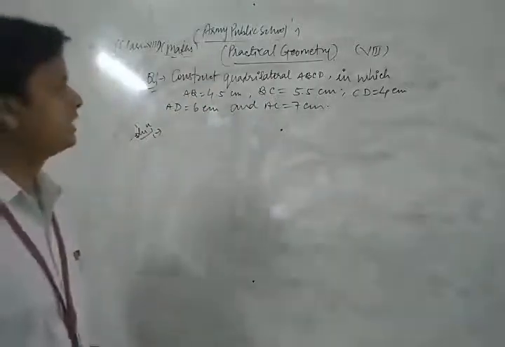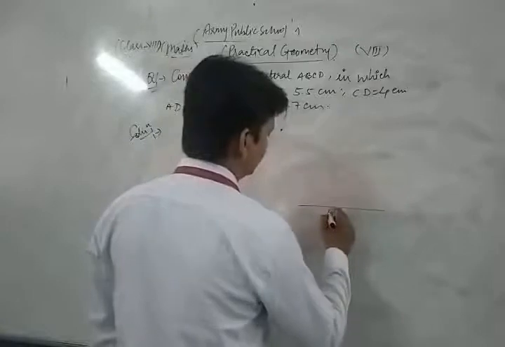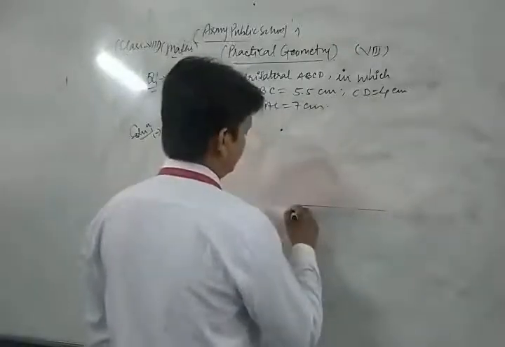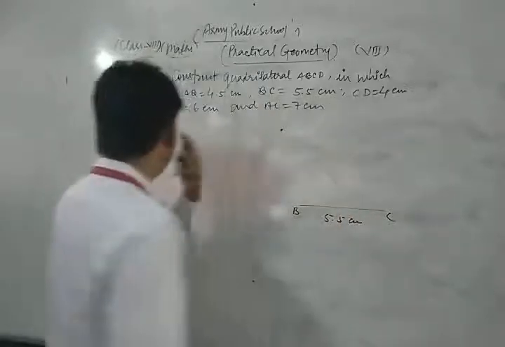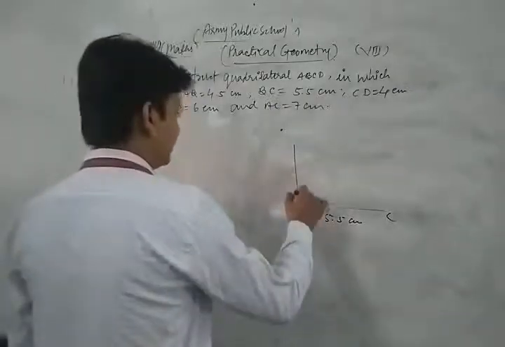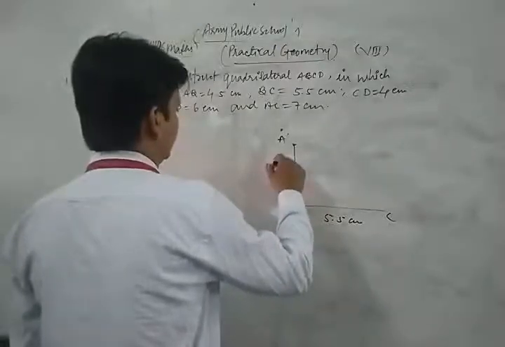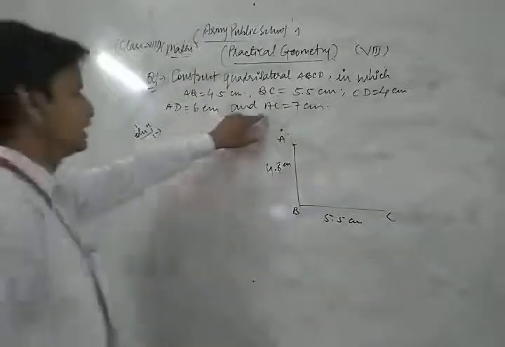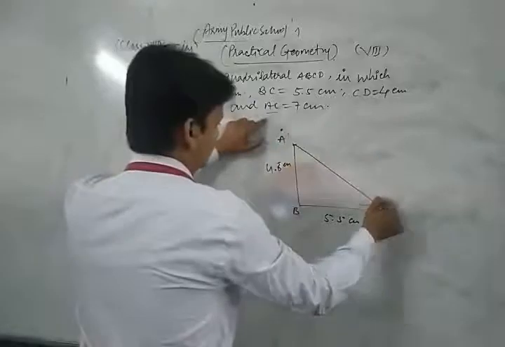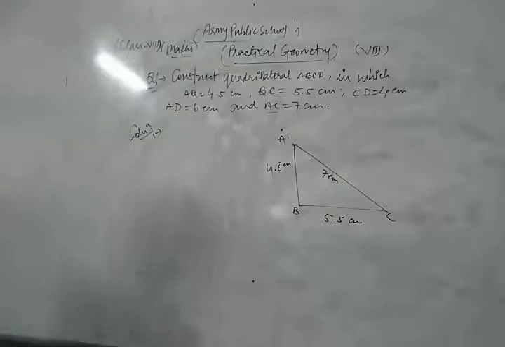First of all we draw the base BC. Suppose this is BC, which is 5.5 centimeter, and AB is 4.5 centimeter. Now AC is 7 centimeter, so we write AC as 7 centimeter. Now CD.